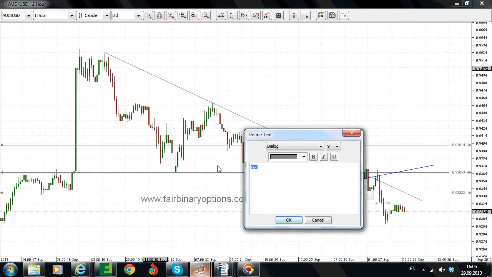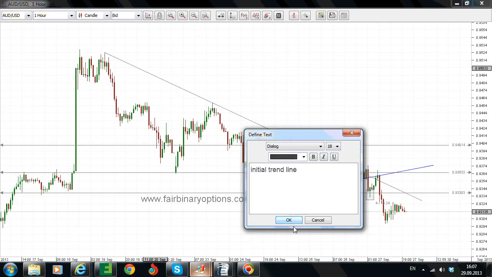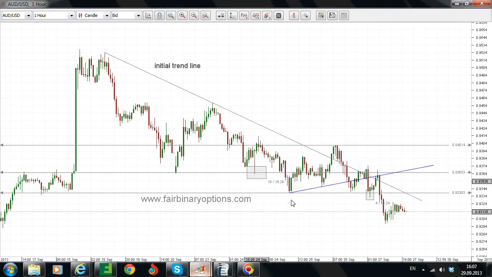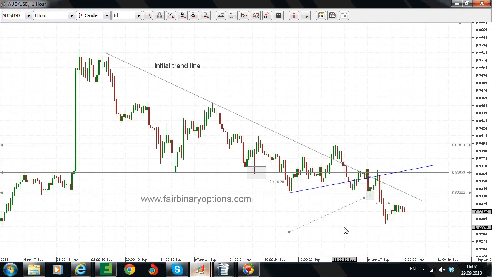This is initial trend line. Let me mark it with a different color here. So initial trend line, and by the time we have a new low here, this is our trigger. Let me change the stroke for it.